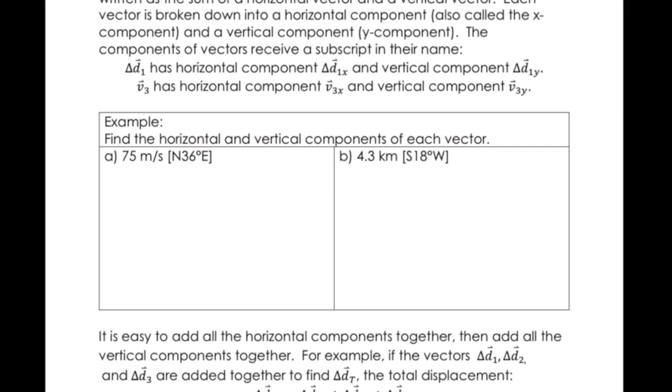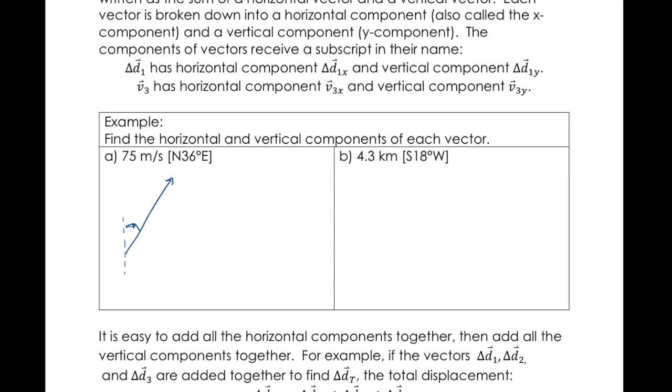It says find the horizontal and vertical components for each vector. The first one is 75 meters per second north, 36 east. Let's go ahead and get our angle. Here's our north. We're going to be going east 36 degrees.